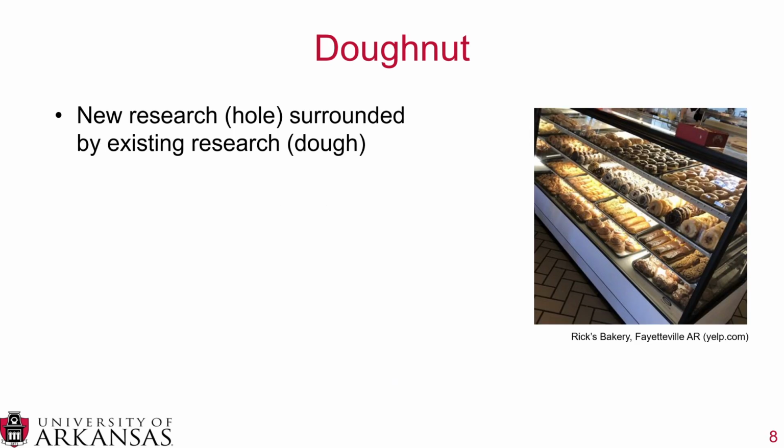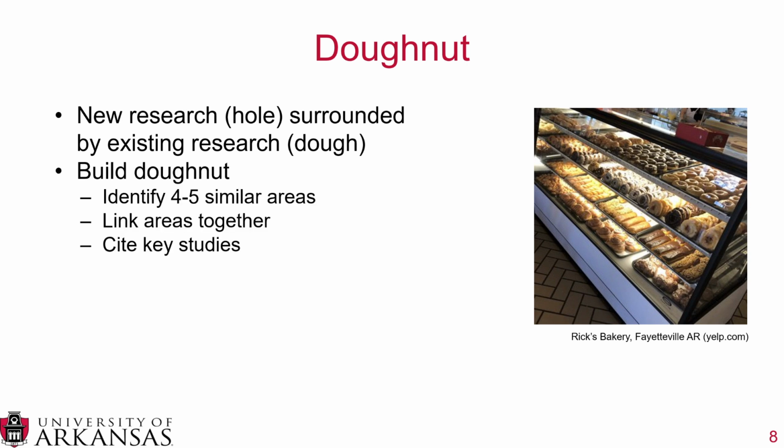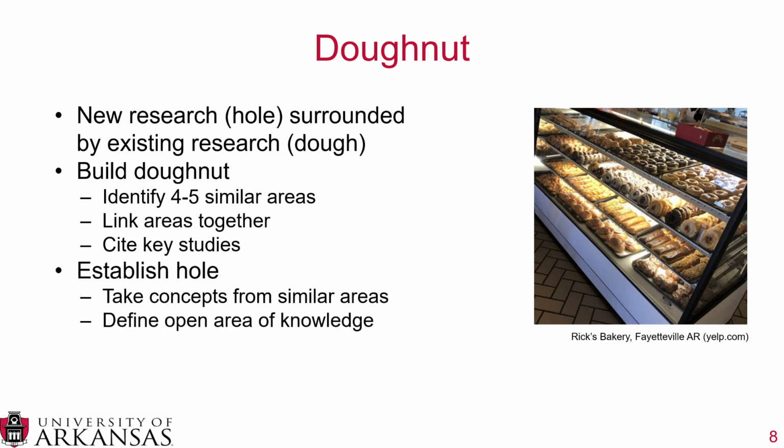This is where you think of your new research as a whole, and it's surrounded by existing research, which is the dough, and this makes your donut. And when you're building your donut, you want to identify 4 to 5 similar areas, and you want to somehow link those areas together. And while doing this, of course, you want to cite your key studies as seminal research, but you want to establish your hole because you want to take concepts from similar areas. It may not be directly in the material you're looking at.